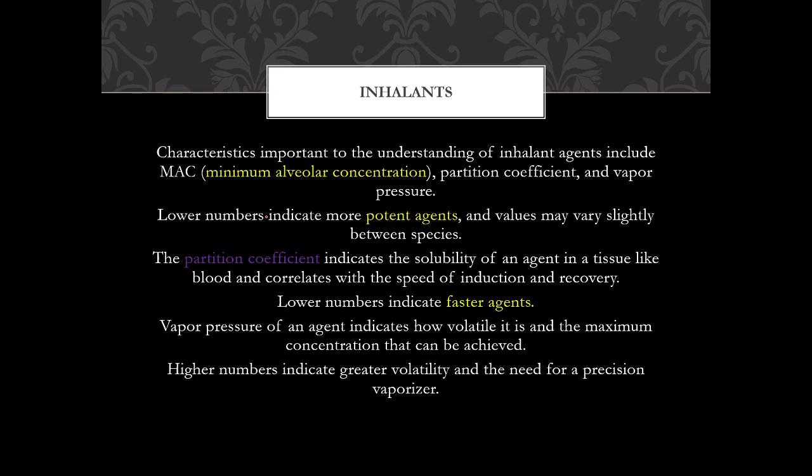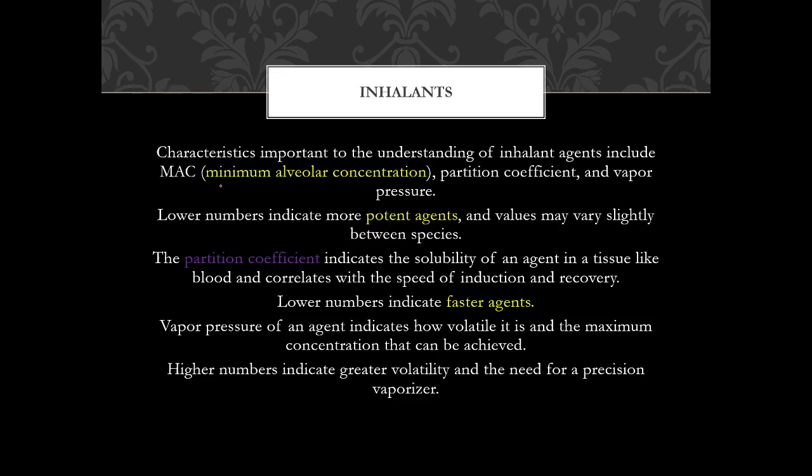Characteristics important to understanding inhalant agents include MAC, minimum alveolar concentration, partition coefficient, and vapor pressure. Lower numbers indicate more potent agents. So the lower the number, meaning the lower the minimum alveolar concentration, we don't need a lot of this drug in the alveoli to get into the blood to have an effect.